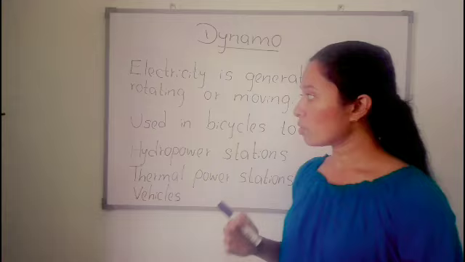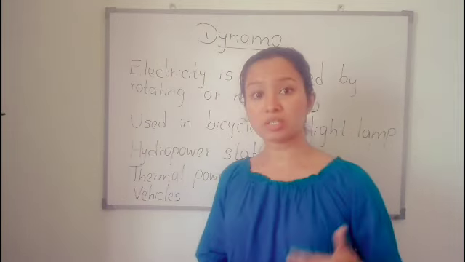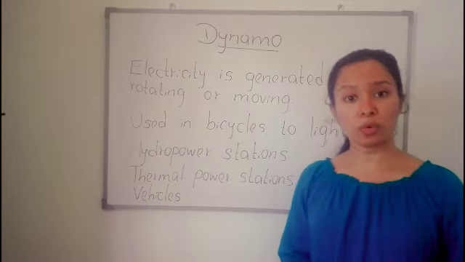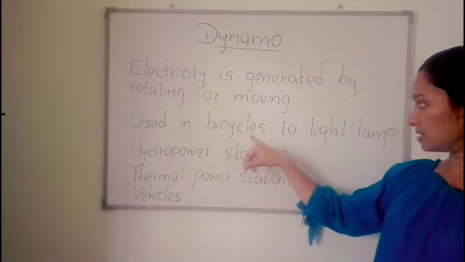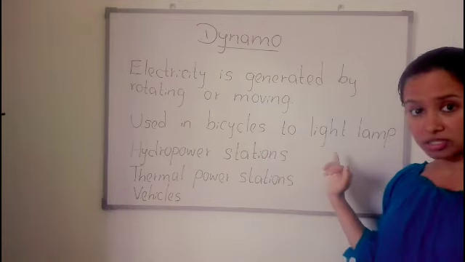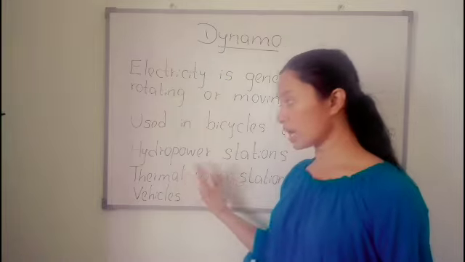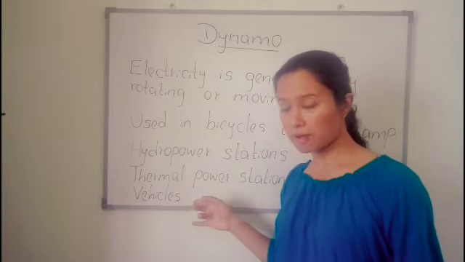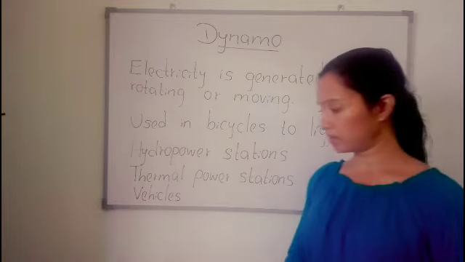In this dynamo lesson, we will talk about how the dynamo works. The dynamo is used in bicycles to light the lamp. Mostly in bicycles you can see the dynamos, and also in hydropower stations and thermal power stations, they use dynamos for their work.